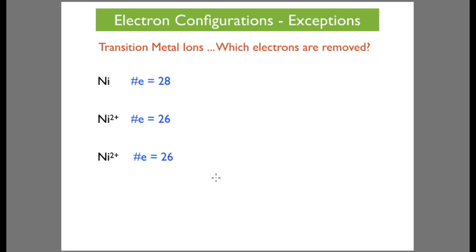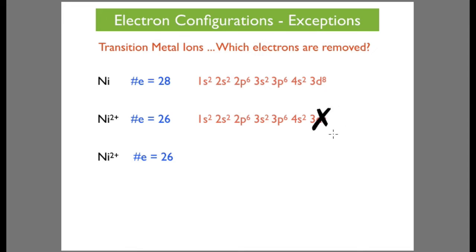Okay, when removing electrons, what happens? When removing electrons from transition metal ions, let's have a look. Nickel first. So the valence electrons here, we've got 4s2 and 3d8. What would we expect to happen? Well, I guess we'd expect, since this seems to be the outermost orbitals, that we're going to lose 2 electrons from the 3d sublevel to get this. But that isn't what happens. And it's a very common error that people make.